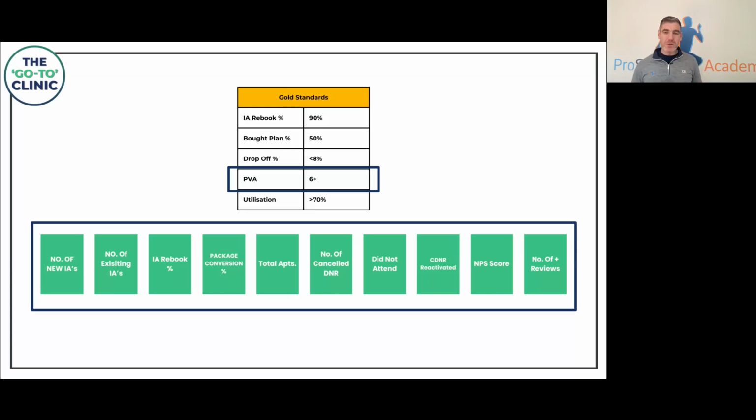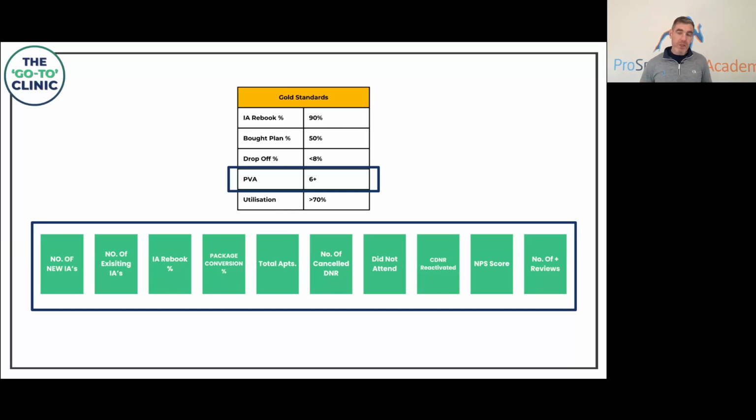So as always, there needs to be some common sense here specific to your clinic. And that's what we do in the Go-To Clinic Mastermind: we install a Head Physio dashboard that works specifically to your situation, okay? But for the Go-To Clinic standards, I think 6 is pretty reasonable for a lot of private practices. And as I said, it can be a little bit higher if you so wish, depending on the sector that you work in, okay?